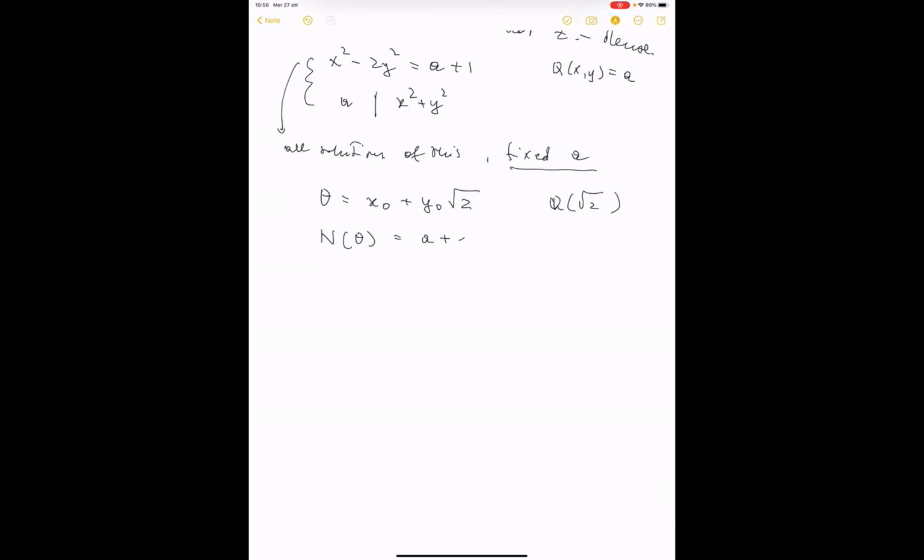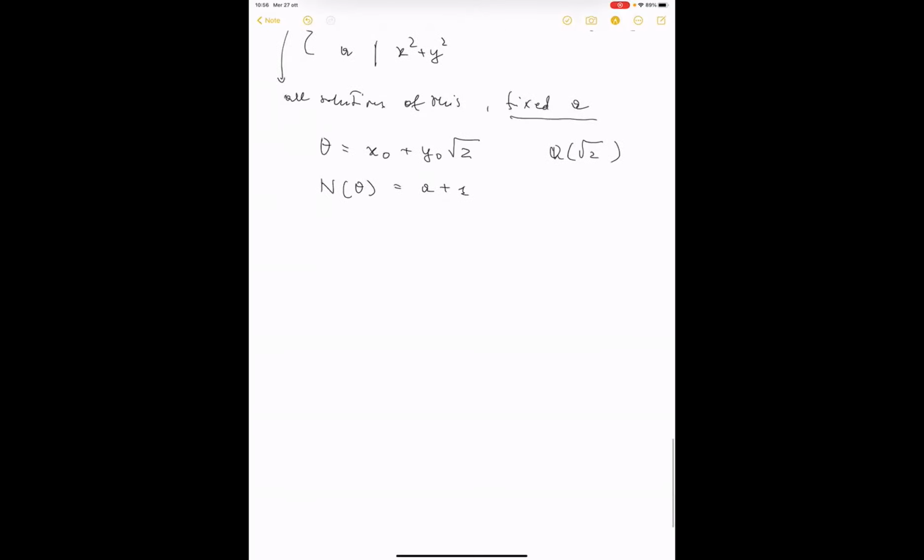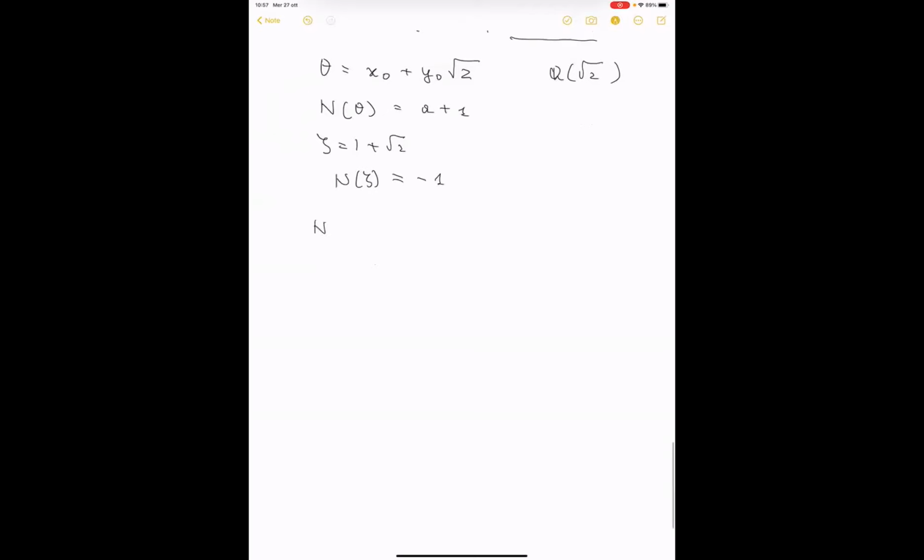plus 1. And now we want to use that if we define zeta as 1 plus the square root of 2, the norm of zeta is minus 1. So what we find? We find that the norm of theta times zeta to the 2r, for any integer r, is again a plus 1.